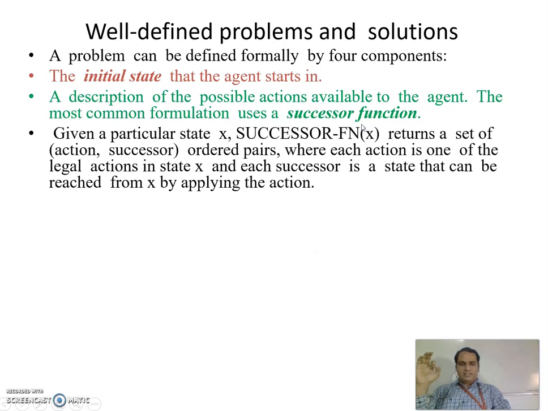Given a particular state x, the successor function of x returns a set of action and successor ordered pairs, like A2, S2, A3, S3, A4, S4, where each action is one of the legal actions in state x and each successor is a state that can be reached from x by applying that particular action.